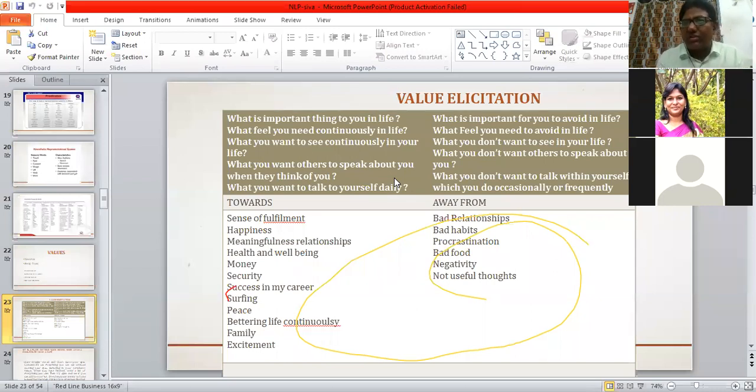This is away from value. Ask questions on both. In the away from value, if you see some incoherence, that it is not fitting, change the away from value to the positive one.